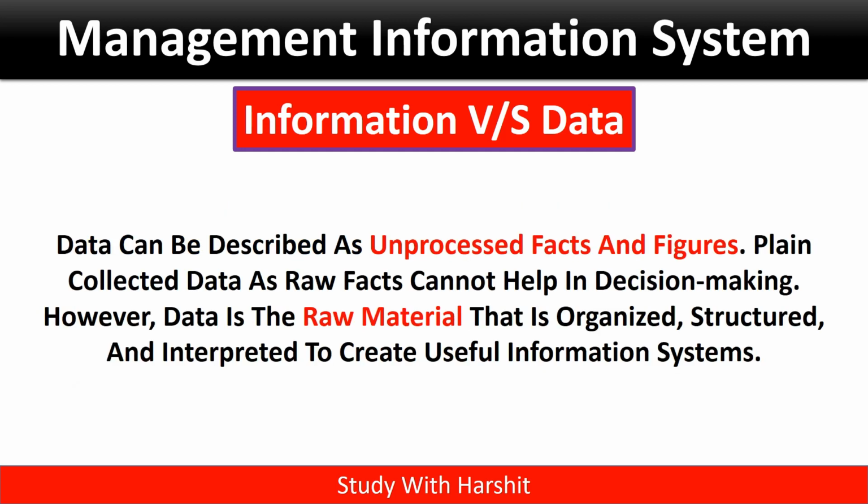Data can be described as unprocessed facts and figures. Collected data as raw fact cannot help the decision makers. However, data is the raw material that is organized, structured, and interpreted to create useful information.